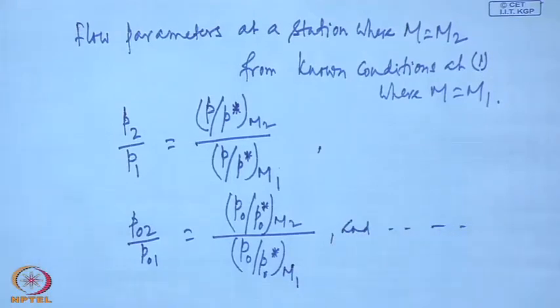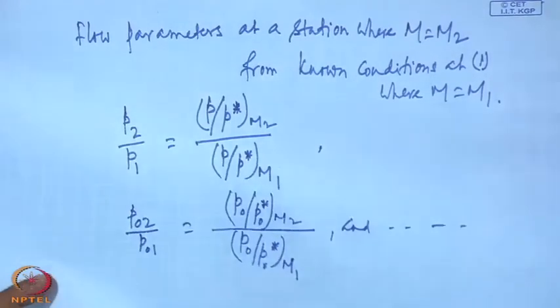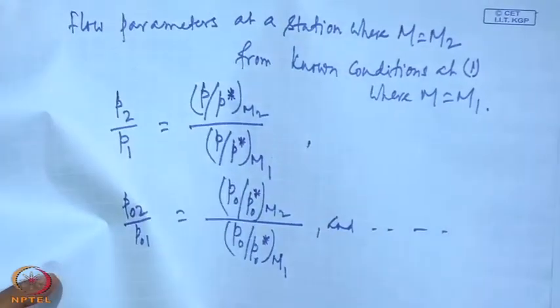And similarly other relations, and that completes our solution for flow through a uniform area duct with friction when the flow is approximately adiabatic, that is when the duct is short.